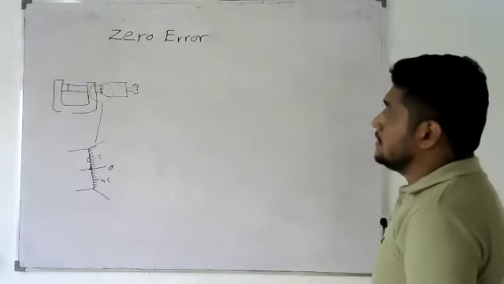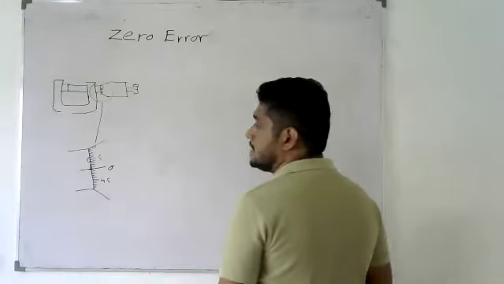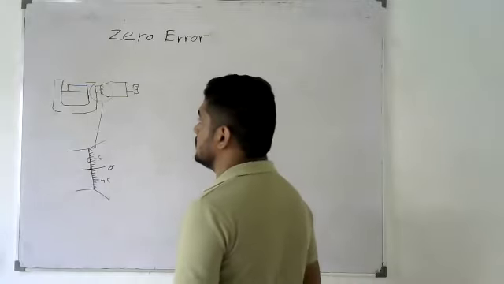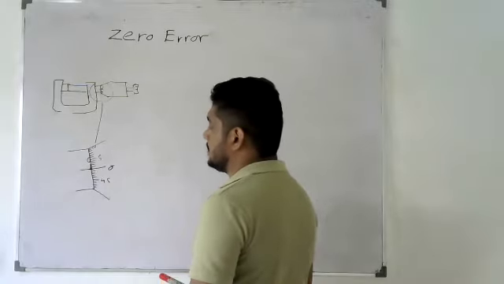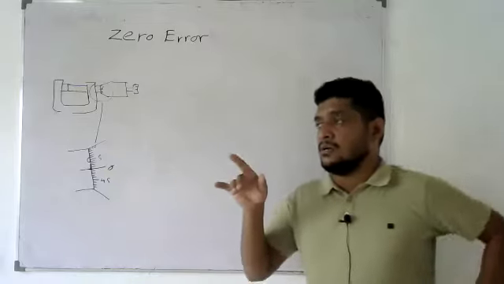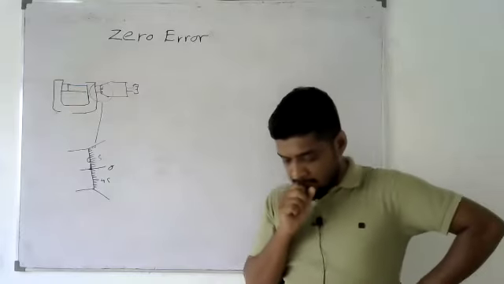Right. So what happens if this has a positive error? Now you should be able to compare this with the vernier caliper.